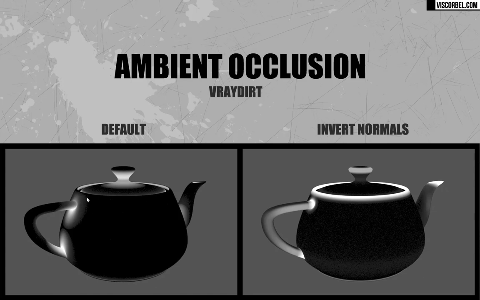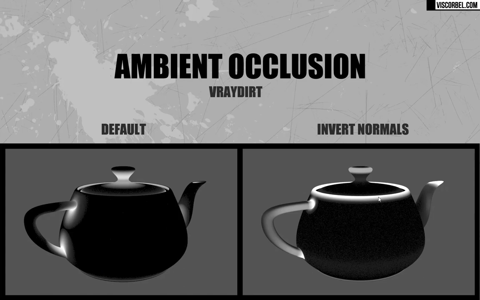So basically with the default settings, with the exception of swapping the colors around, you get the occlusion effect in the occluded areas that are basically inner edges that do not get as much light as the rest of the object.